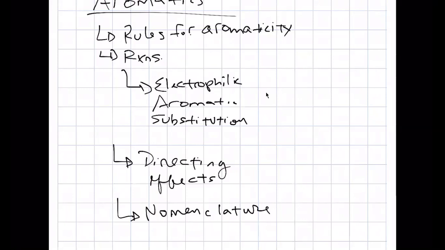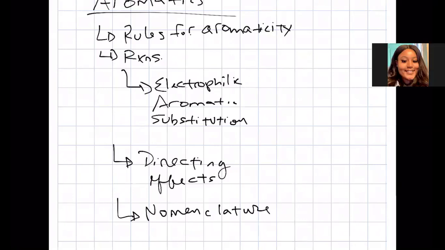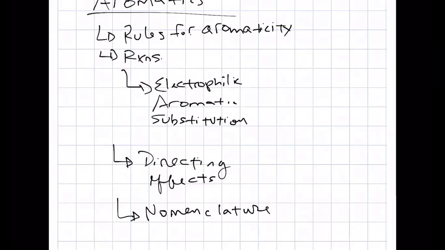And I've already talked about the fact that we're only looking at electrophilic aromatic substitution, where the ring is acting as a nucleophile. And so I want to focus on that.